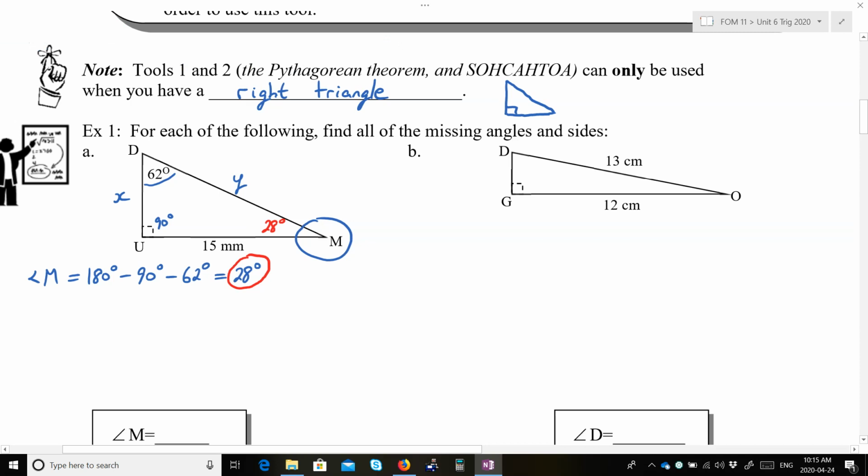And we need to find the length X and the length Y. Okay. So there's a couple ways that we could do this. We could use the angle 62 that they gave us, or we could use the 28 that we found.